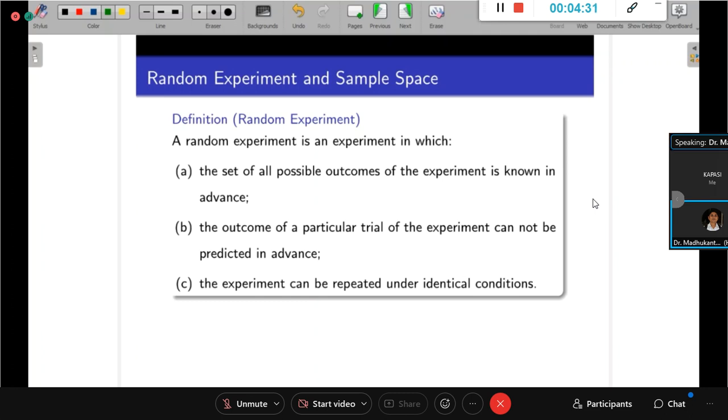As mentioned last session, there are two types of possible experiments: deterministic and indeterministic. A deterministic experiment is one where you know beforehand what is going to come. Indeterministic doesn't mean that we know nothing.